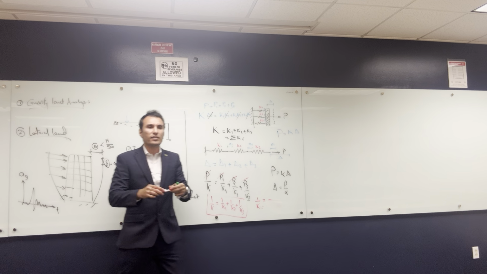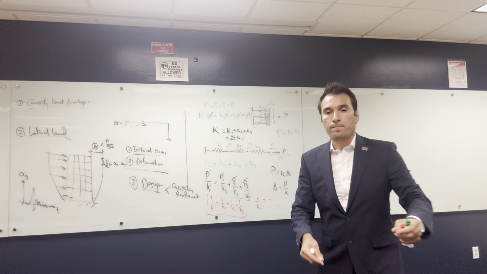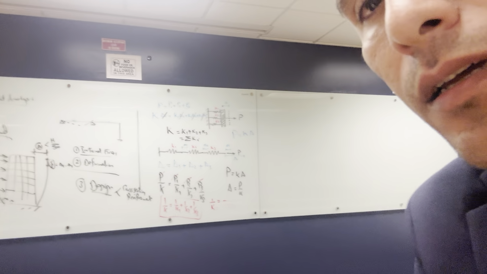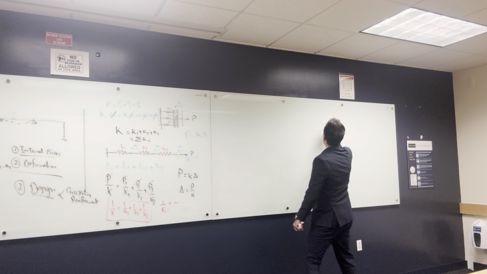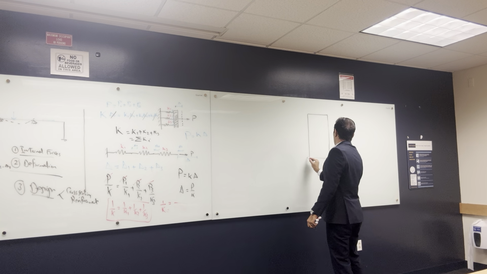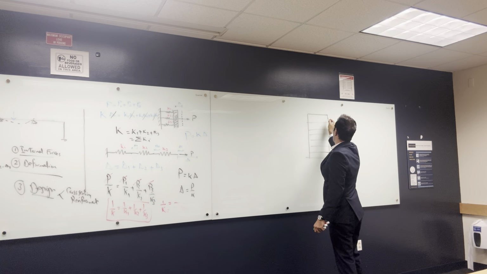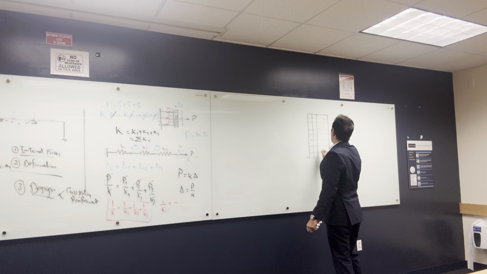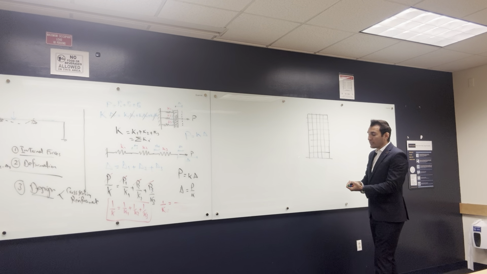So that's if the system is in parallel, and this is in series. We can apply the same concept for buildings. Look at this building. If you have a building like this, when it gets a lateral force, what is going to happen?